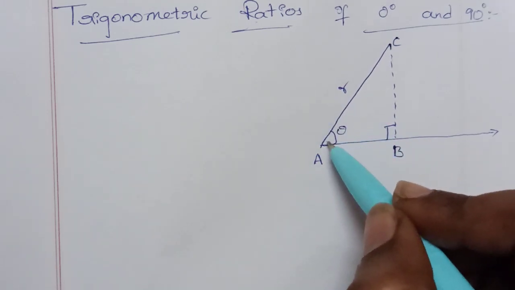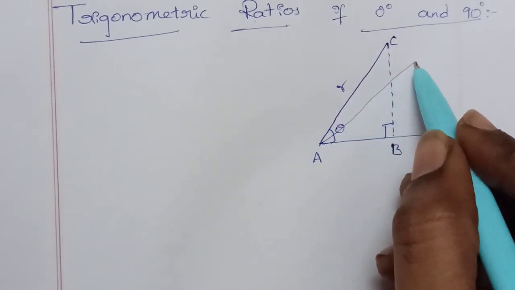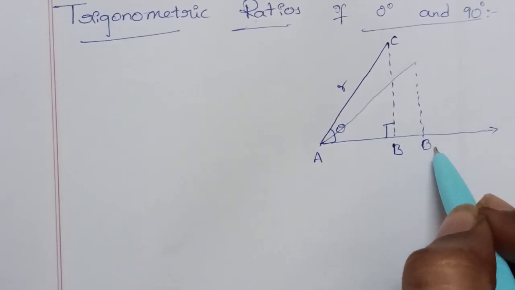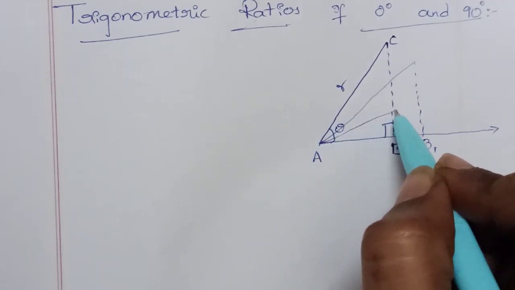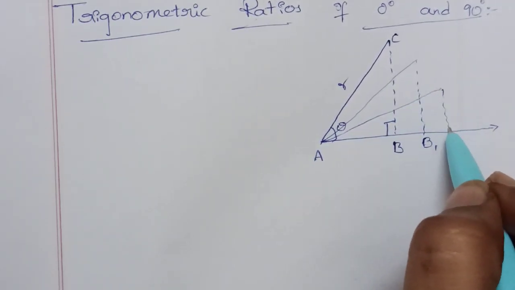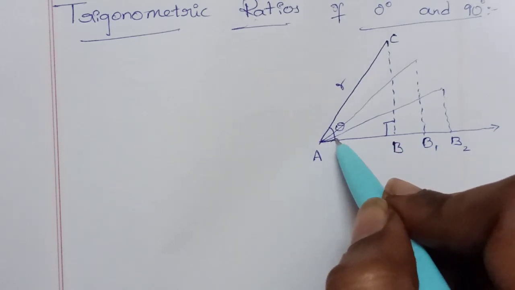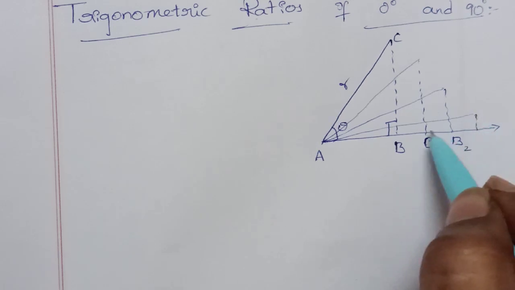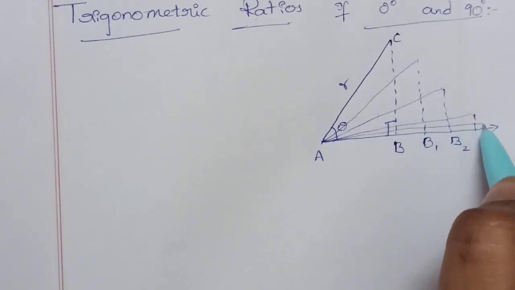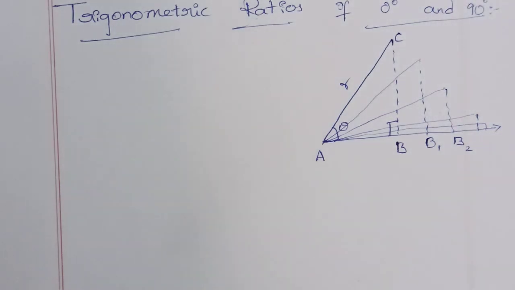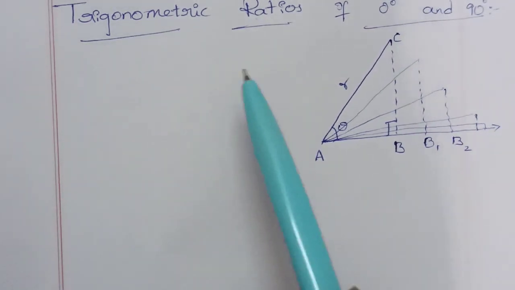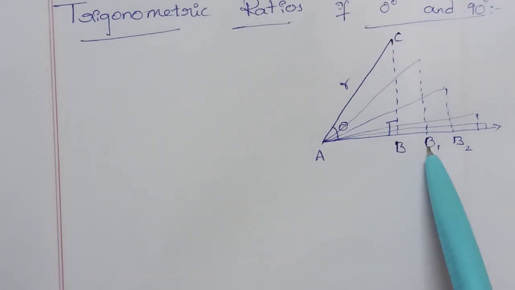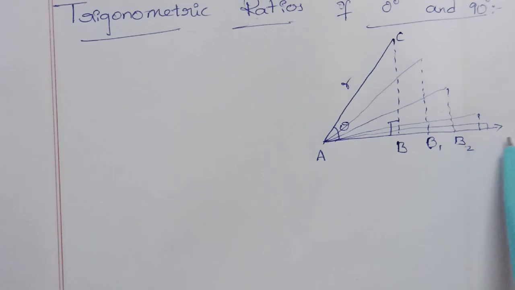That means B is closer, from B2, B1 and B2 and B3 and so on.